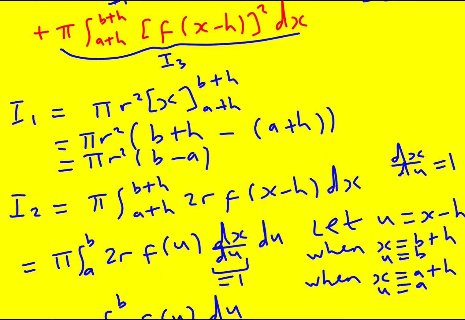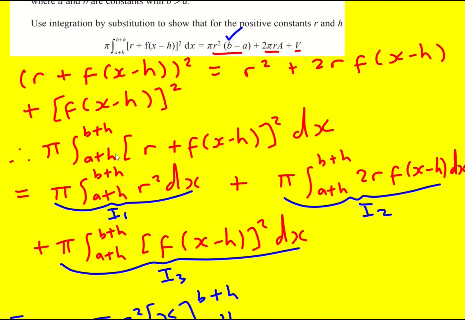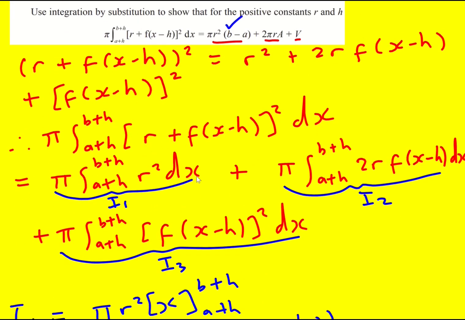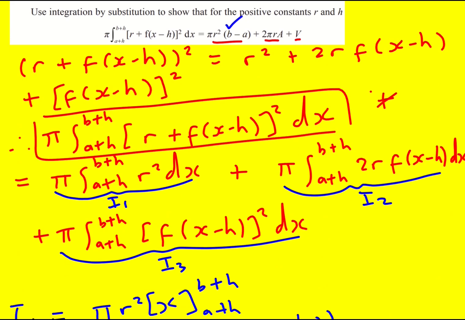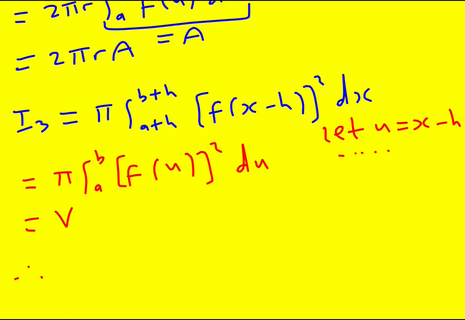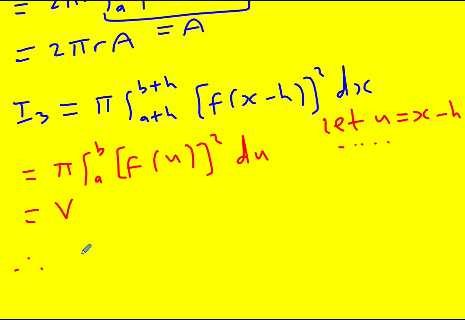Therefore, it's this thing here, which I'll call star. Star equals I1 plus I2 plus I3.